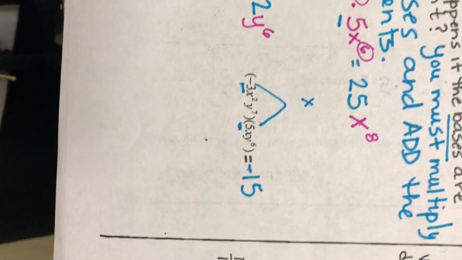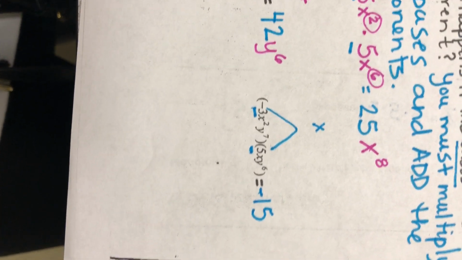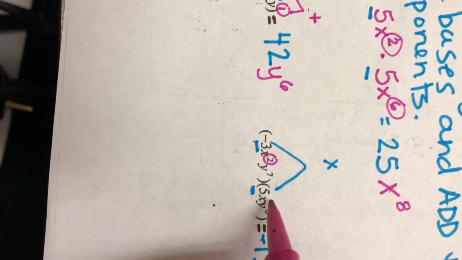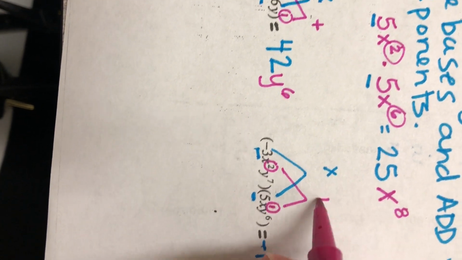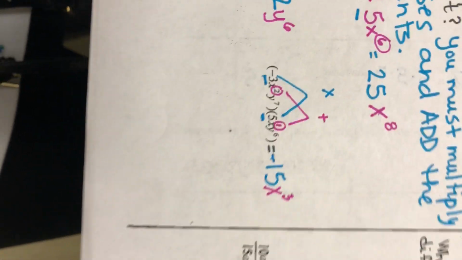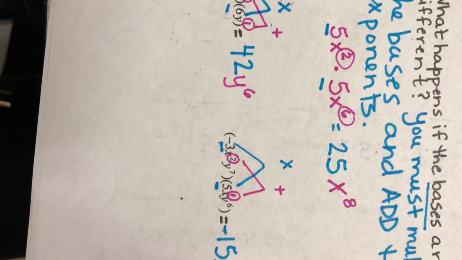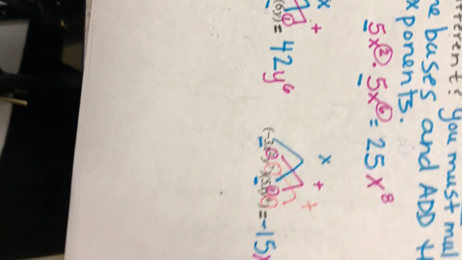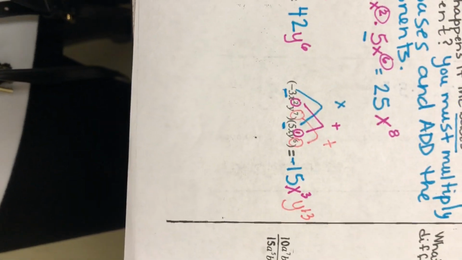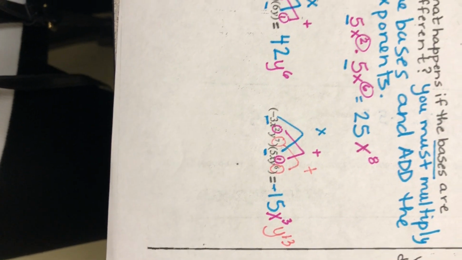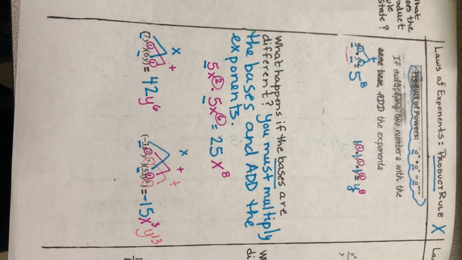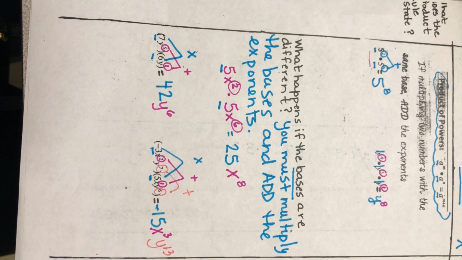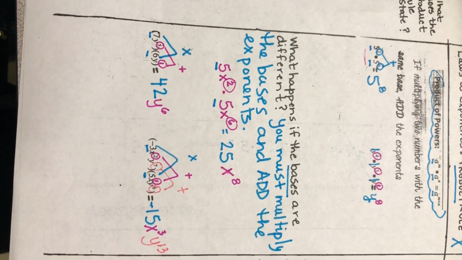And here I have 2 different types of letters, so you got to keep it consistent. X's with X's, Y's with Y's. So for the X, I have a 2 plus an imaginary 1. That equals 3. And then for the Y's, write down your Y, and then I have a 7 plus a 6, which is 13. And there it is. So again, the product rule says, if the bases are different, you must multiply them and add the exponents.